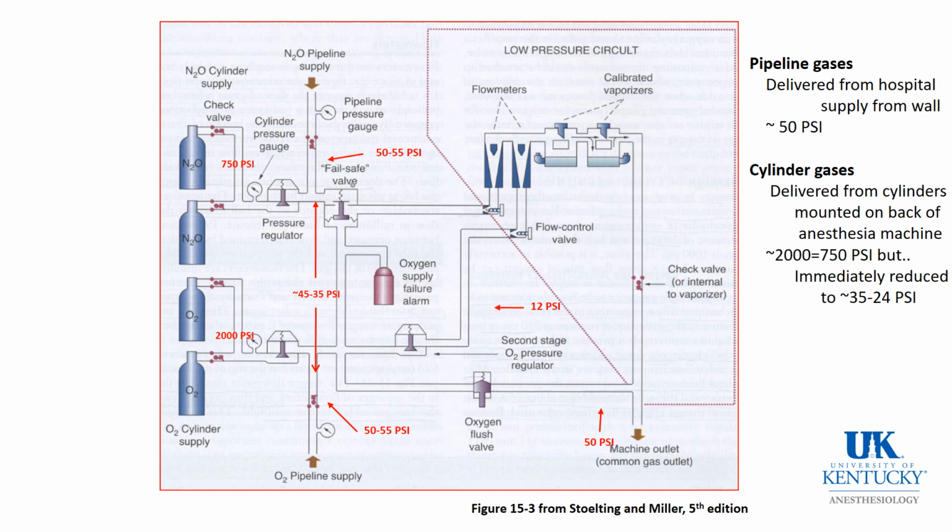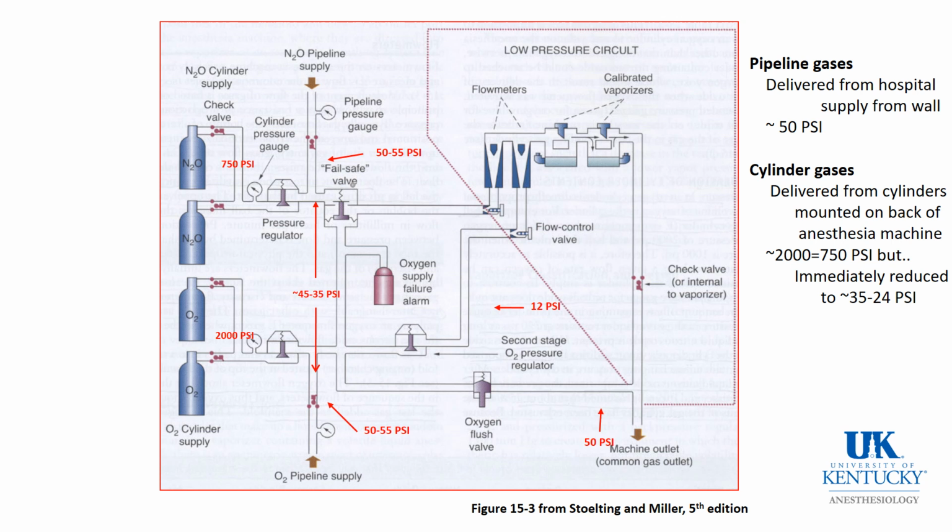Now, the pipeline pressure is about 50 to 55 millimeters of mercury. Both oxygen and nitrous come in at a pressure of around 50 to 55. Now, the cylinders have much higher pressures. The nitrous cylinder, if it's full, is about 750, and the O2 cylinder, if it's full, has a pressure of about 2,000.